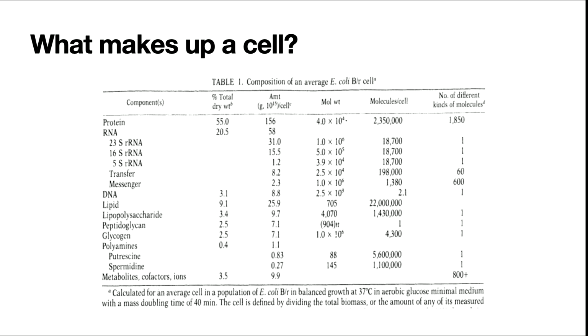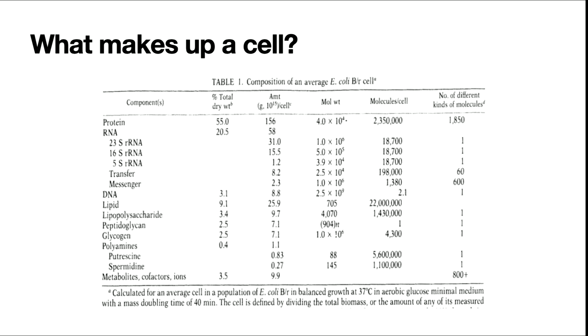Very good. Then you can say, okay, I do another condition, I'll find another table, okay? So the first question that we can ask, if we take this very coarse perspective, looking at how much protein you have, how much DNA, how much RNA, is how this depends on the conditions, okay?